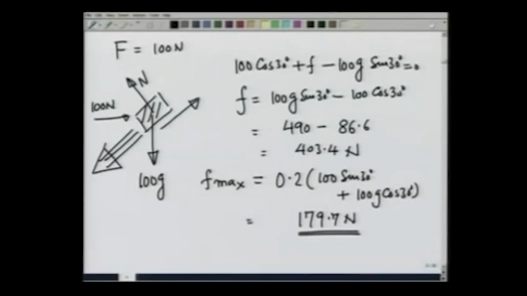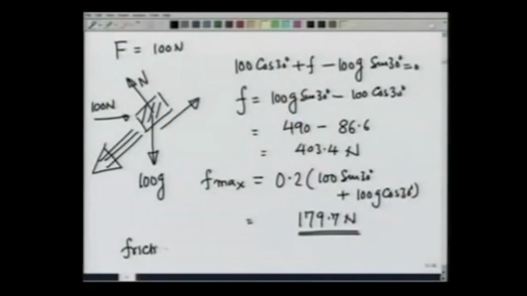If the block starts sliding down, that means the frictional force will no more be static, and frictional force in that case would be the kinetic friction, which will be 0.17 times 100 sine 30 degrees plus 100 g cosine of 30 degrees.